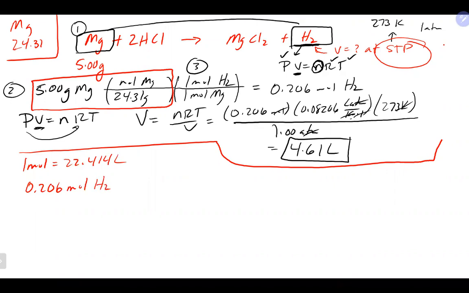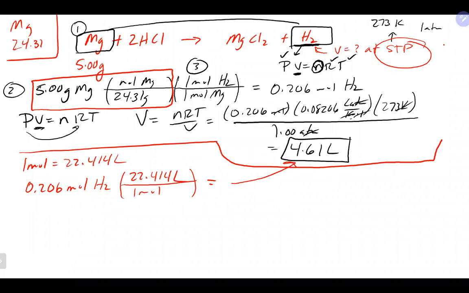At that point, you could have just gone into this conversion. With rounding, you should get pretty much the same answer. In this case, I got 4.62 with the rounding, but pretty close to the same answer.